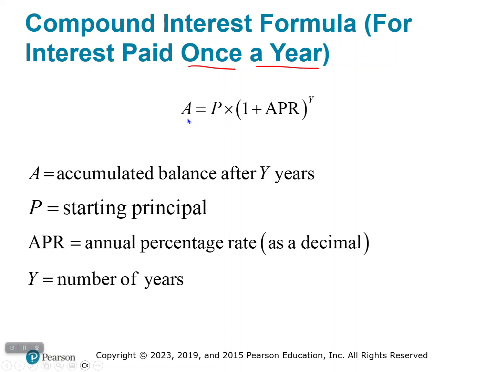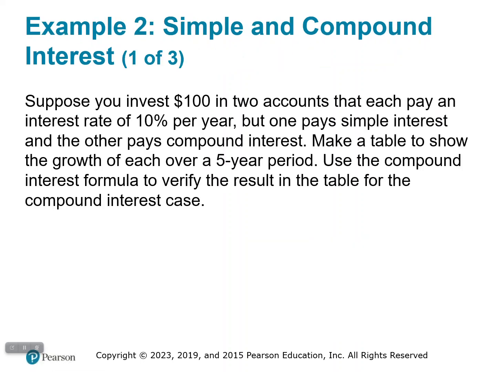The future amount, the accumulated balance, is the principal multiplied by, in parentheses, 1 plus the annual percentage rate, APR, as a decimal, never as a percentage, to the power of the number of years. So if it only happens once a year, this is our formula. I'm going to write it right here: P times (1 plus APR) to the number of years.